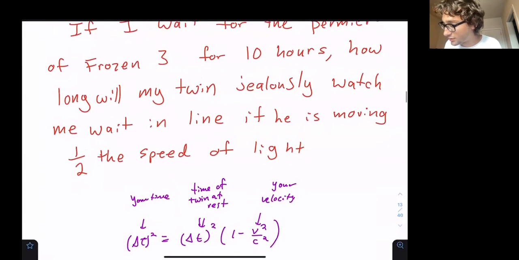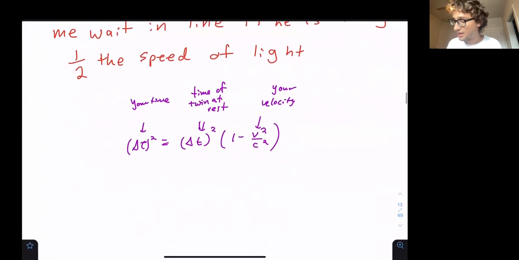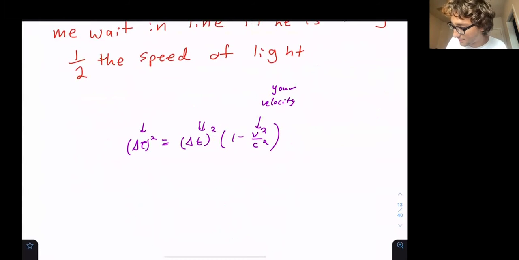So how long will my twin jealously watch me wait in line if he is moving at half the speed of light? In this situation, delta T would be my time. This would be my speed, or my twin's speed.